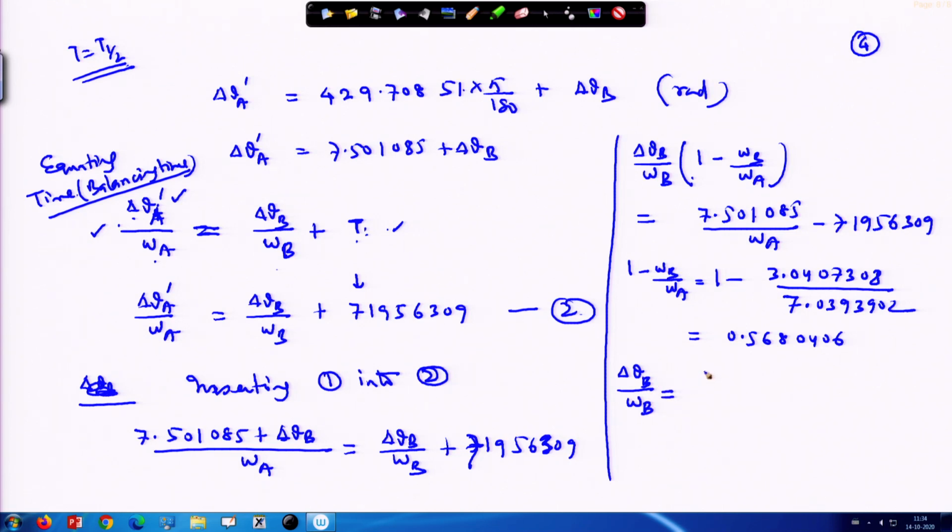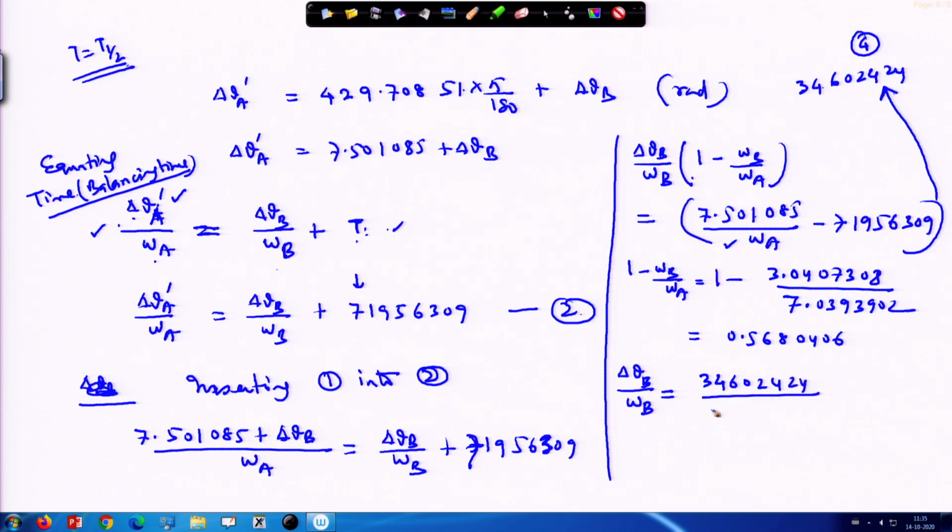This quantity will turn out to be this quantity, omega b we have to insert here in this place. So, this whole value, you can divide and check yourself, 34602424.